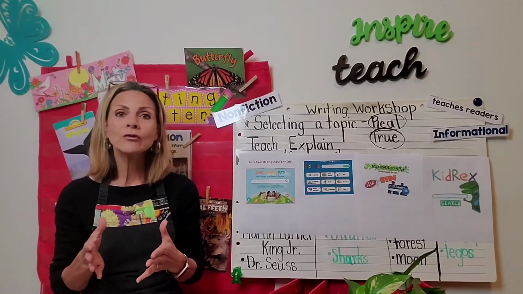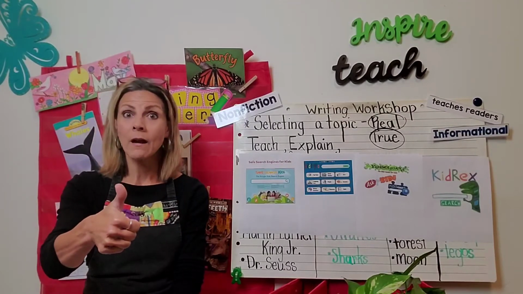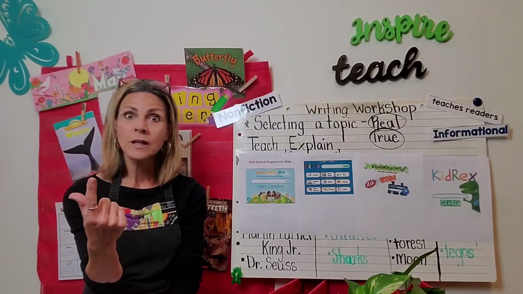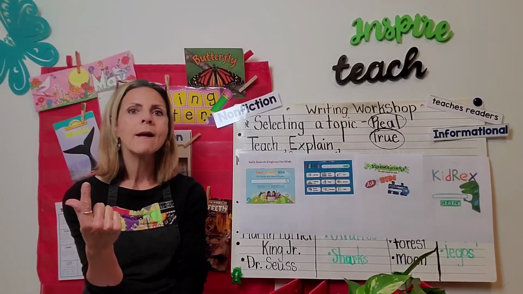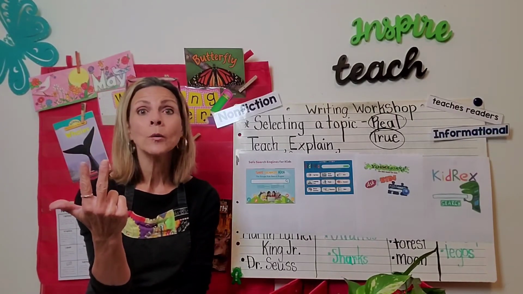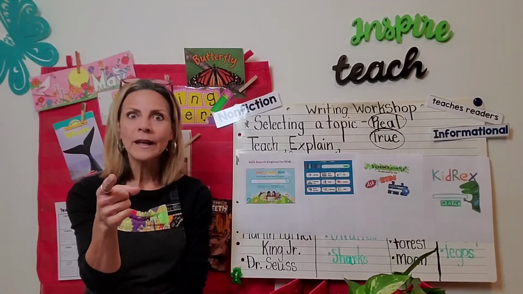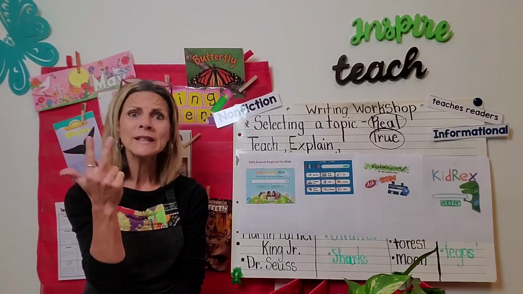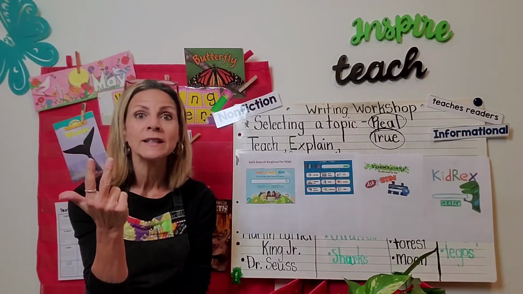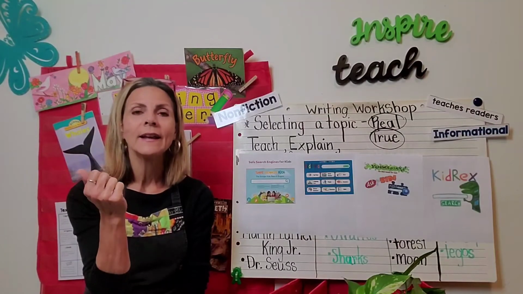Now, once you select your topic, we know about nonfiction, we've selected our topic, we've made some choices, and then we selected one, and then we start to do our research. Oh yeah, don't forget Epic Books, that's a good source too. When we're researching, we want to have lots of places to gather facts.